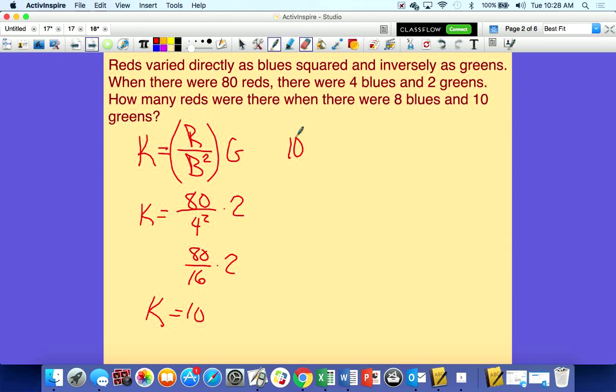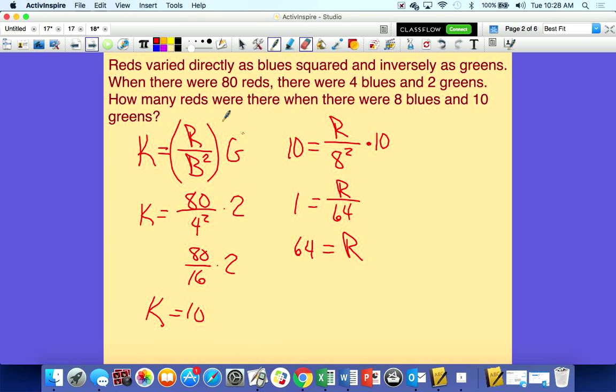So we've got 10 equals, our reds we don't know, our blues we've got 8, and our greens we have 10. So we've got to solve this equation for R. We can divide by 10, so 1 equals R over 8 squared, which is 64. Multiply both sides by 64. Our R equals 64 here.